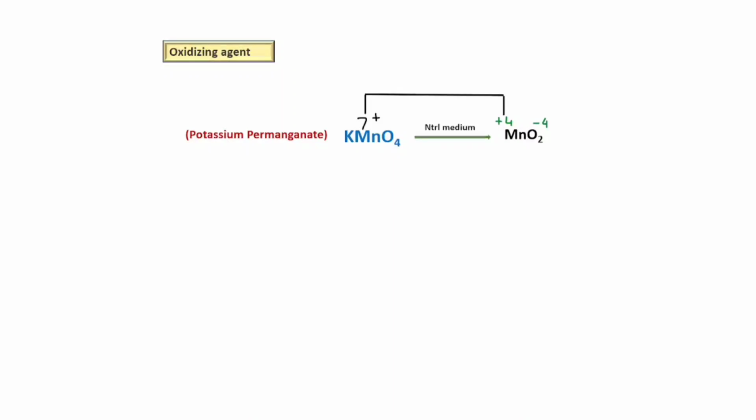The change in oxidation number is the mod of 4 minus 7, that is 3. So manganese accepted 3 electrons, got reduced itself to oxidize other substances in the chemical reaction. So the oxidizing agent KMnO4 in neutral medium has N factor 3.